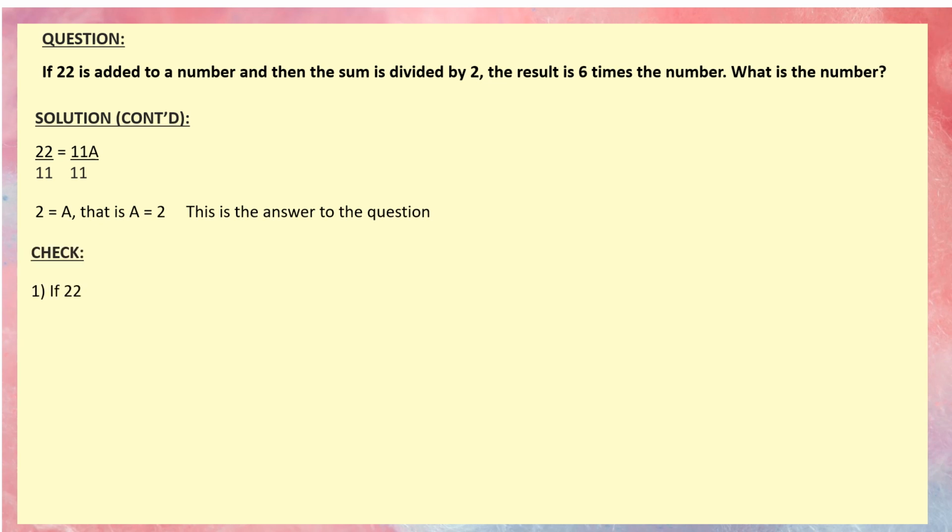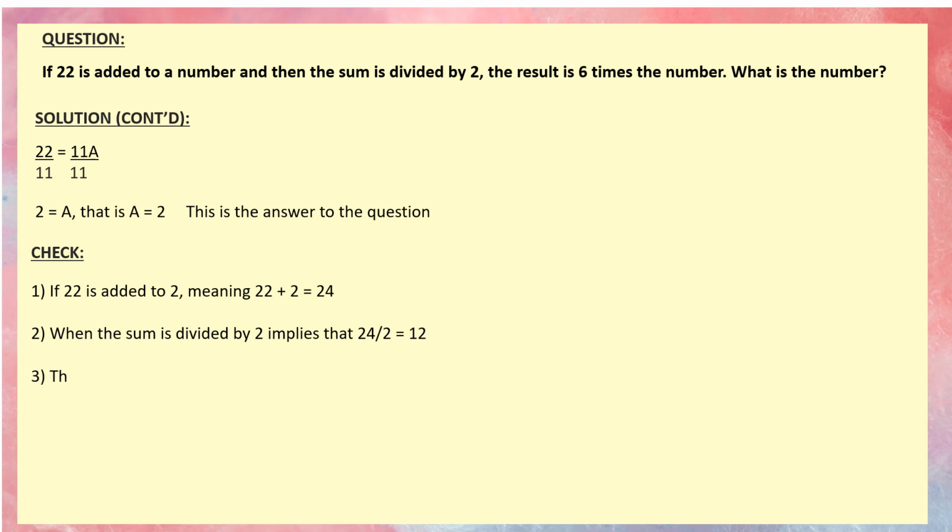But we'll just do a quick check. The question said if 22 is added to a number, and in this case the number is 2, 22 added to 2 gives us 24. And then we divide it by 2. 24 divided by 2 is 12.